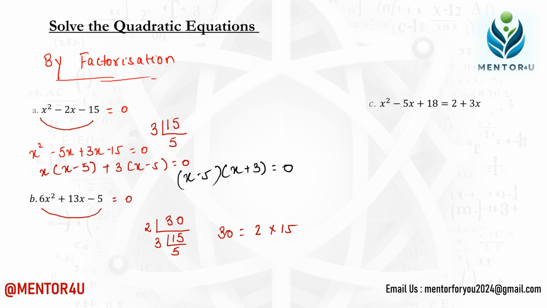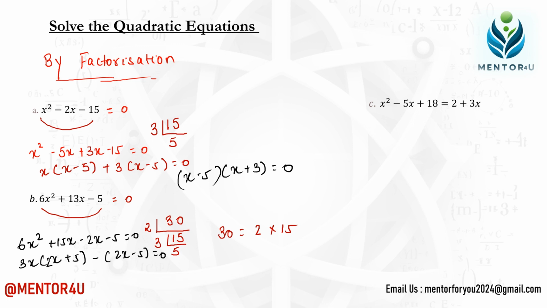So let's just break it now. It will be 6x squared plus 15x minus 2x minus 5 equal to 0. Now we can take 3x common here. It will be 2x plus 5, and then we can take the minus common here, and we'll be left with 2x minus 5, that is equal to 0.